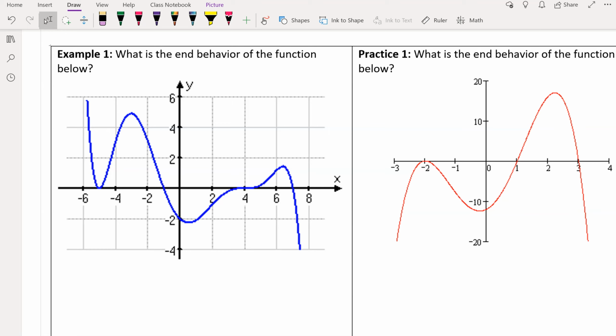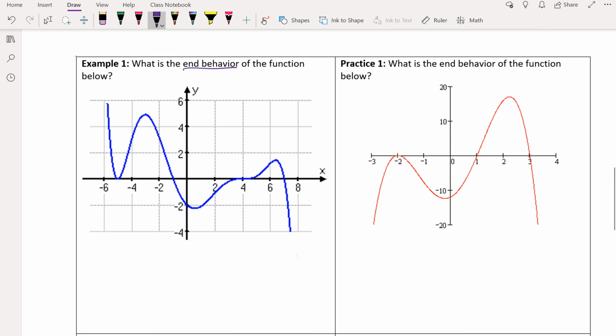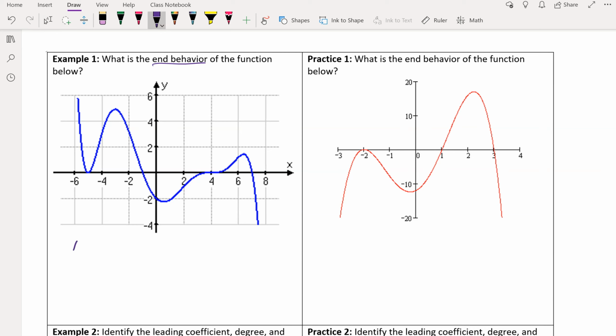Example 1. What is the end behavior of the function? So when it asks for end behavior, it's asking for those as x goes to statements. So I'm going to write as x goes to positive infinity, f of x goes to, and I'm going to write the next one, as x goes to negative infinity, f of x goes to. Okay.